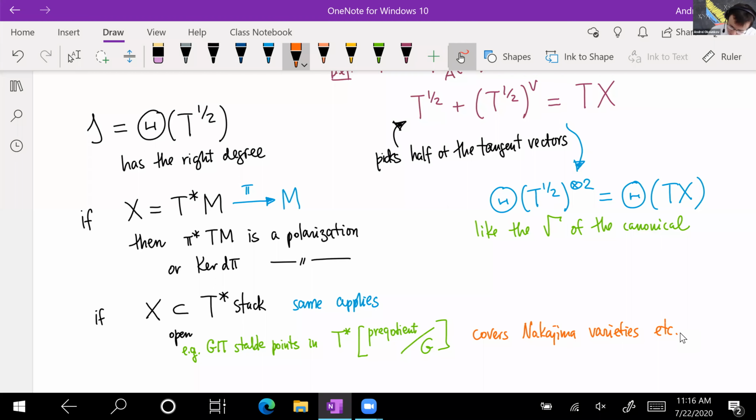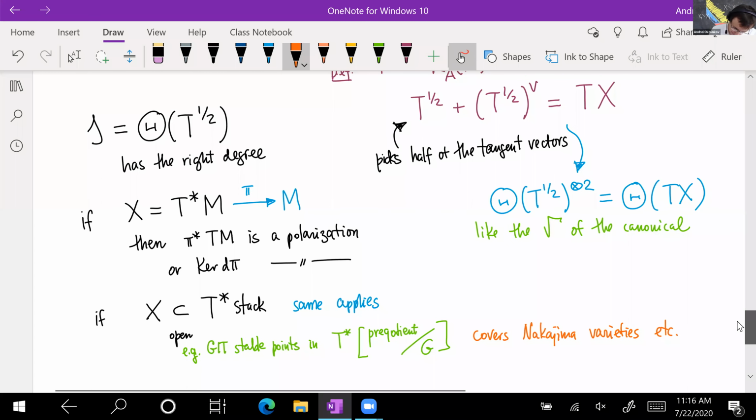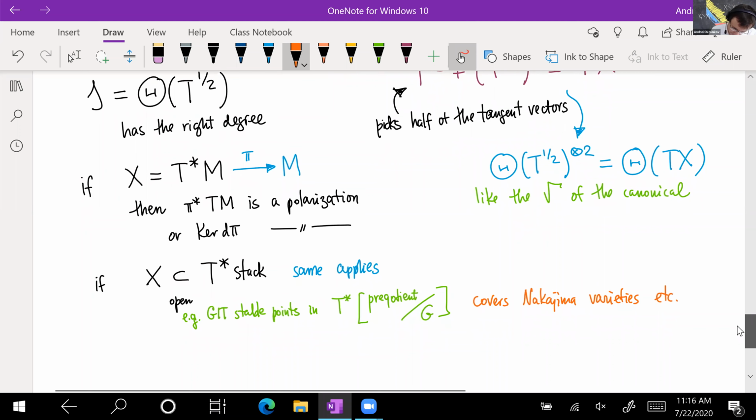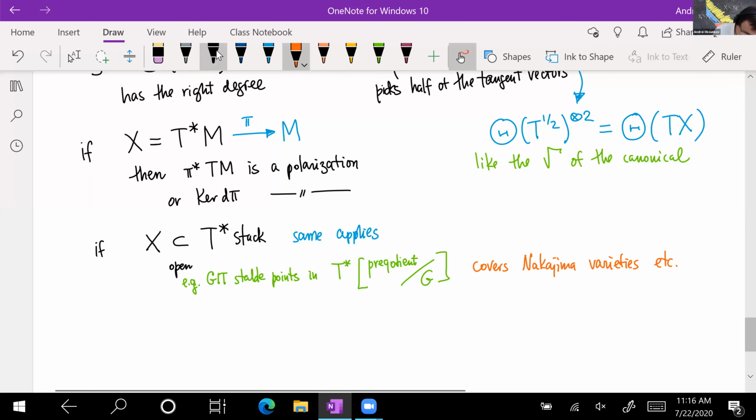Concretely, in the first case, I can take the polarization to be the tangent bundle to the prequotient minus the bundle given by the adjoint representation of G.